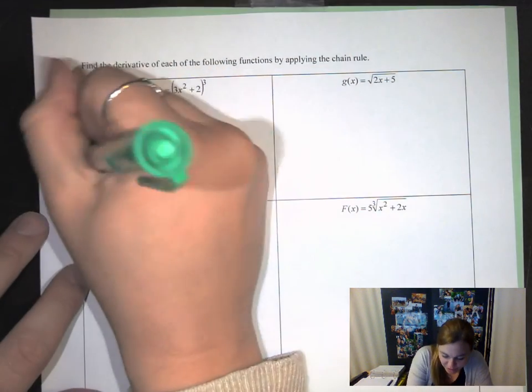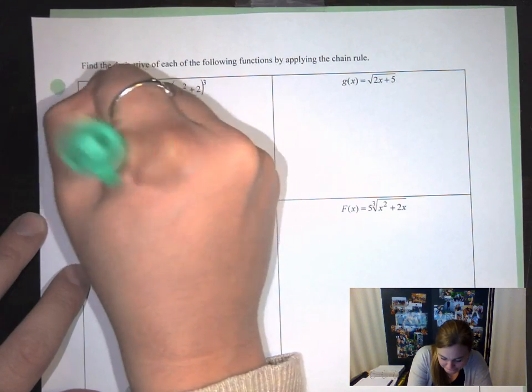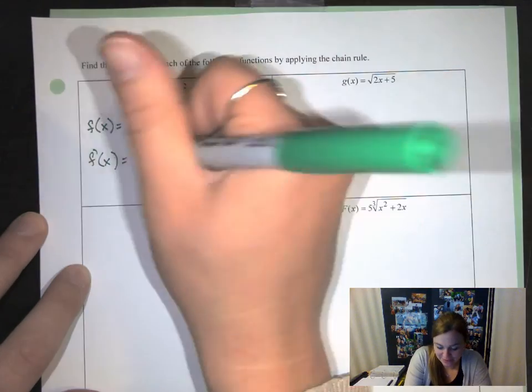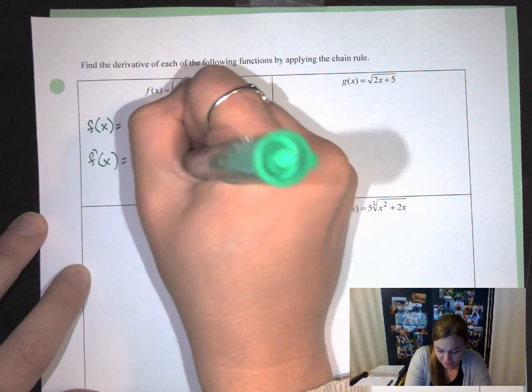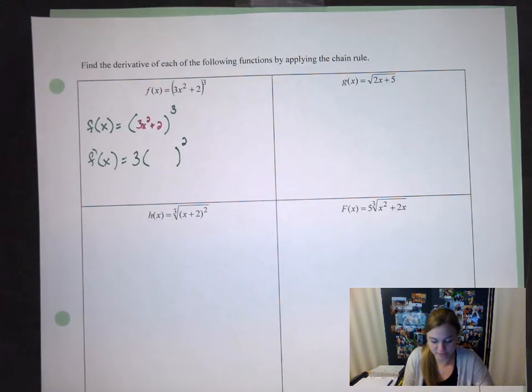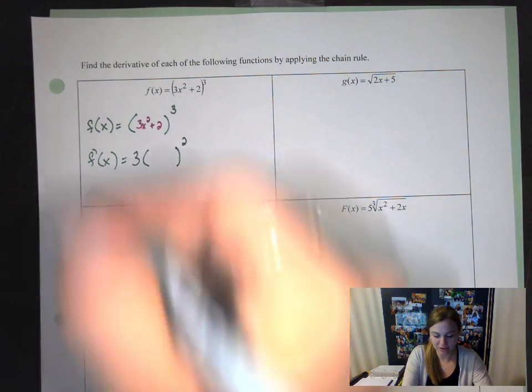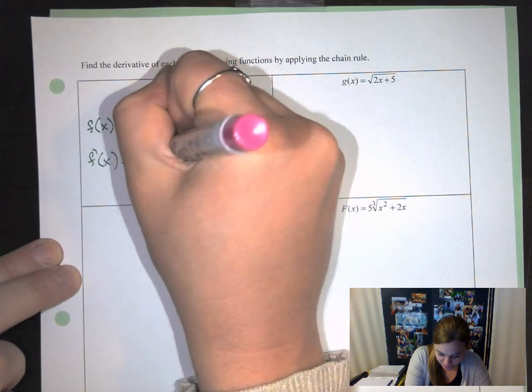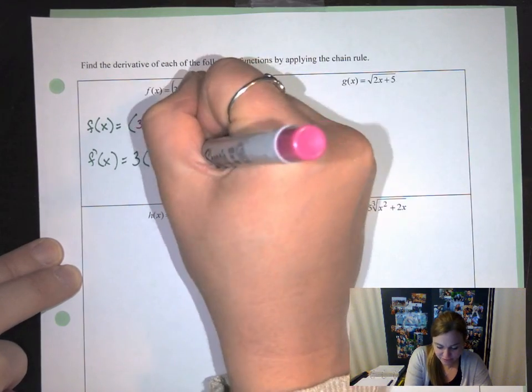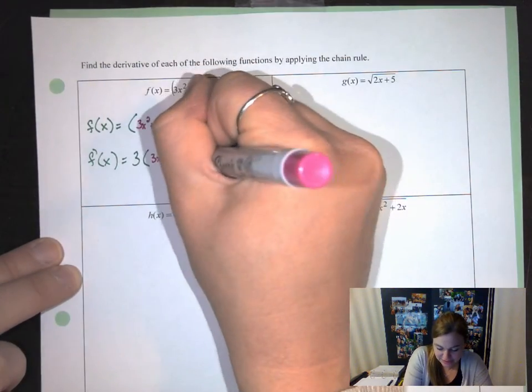So to find f prime of x, I would take the derivative of the outside, so you'd have 3, leave the inside alone, so it'd be 3 something squared, leave the inside alone, times the derivative of the inside, which is just 6x.